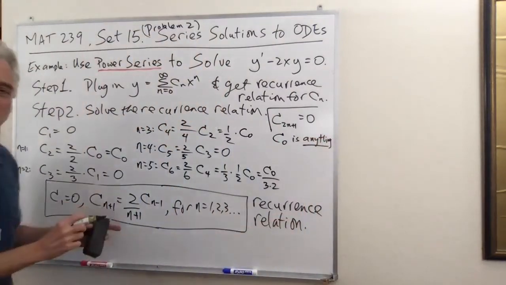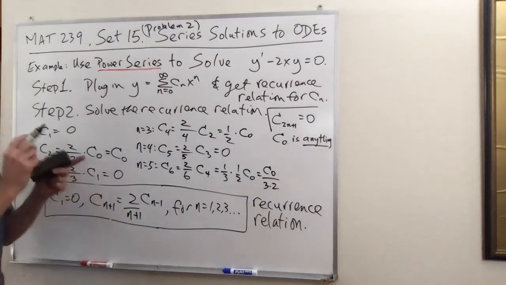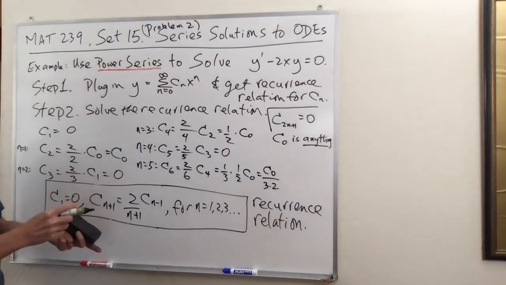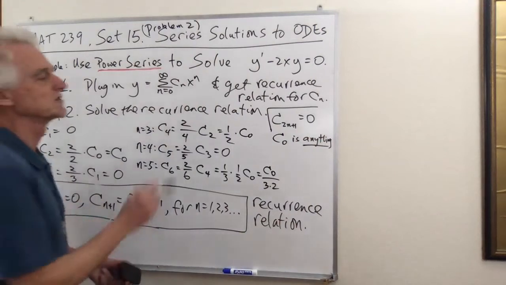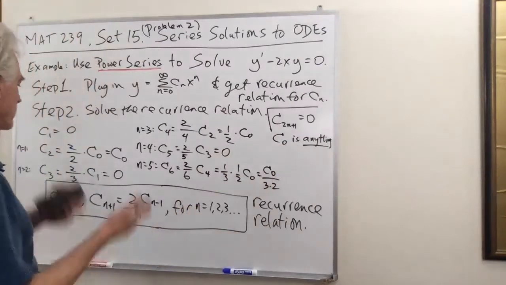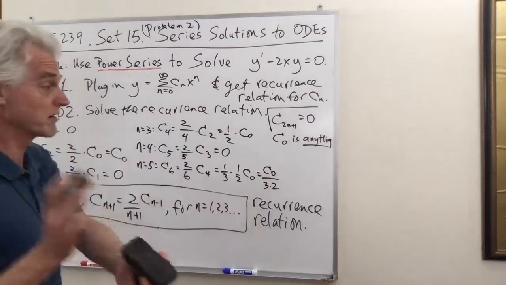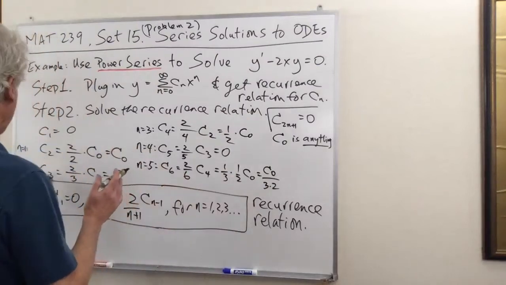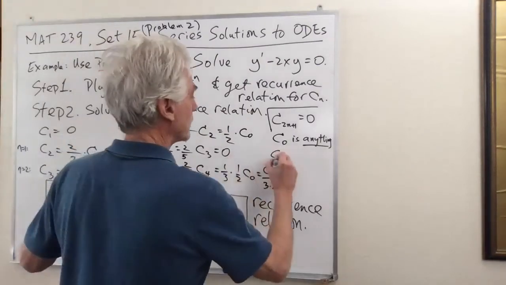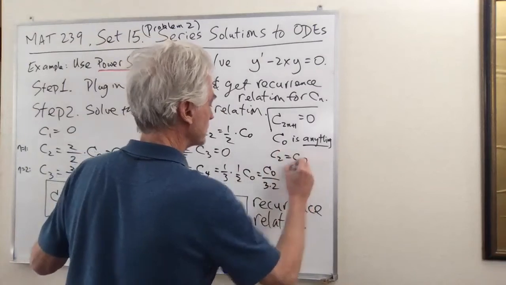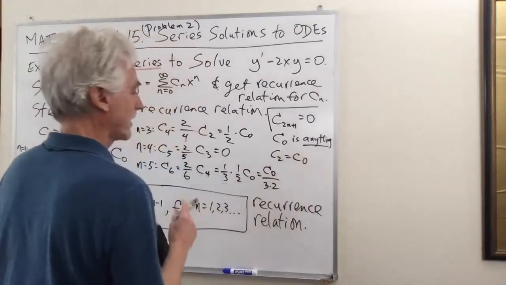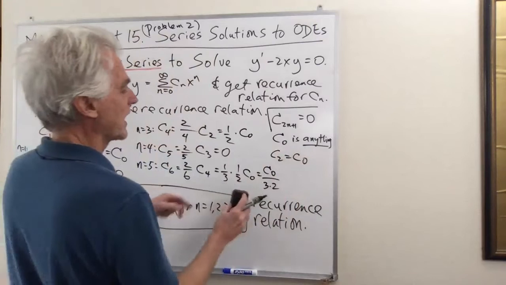This recurrence relation says nothing about C0, okay? C0 is arbitrary, could be anything. Could be 0, could be 7, could be minus 5, could be just C0, an arbitrary constant. And then we got C2. C2 is C0 as well, okay?